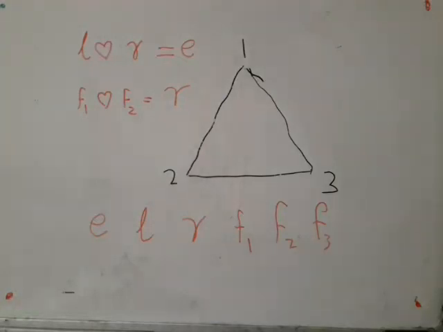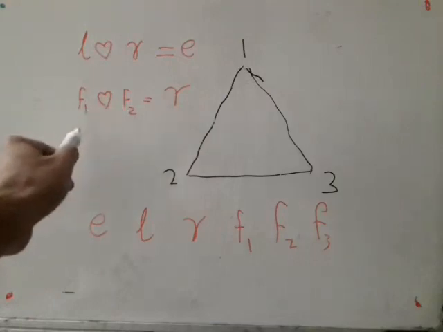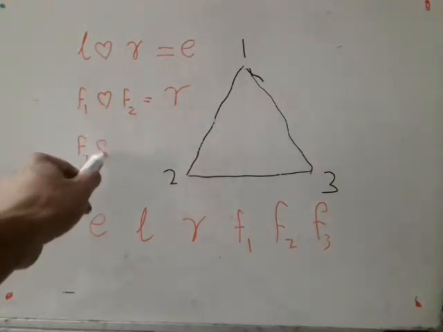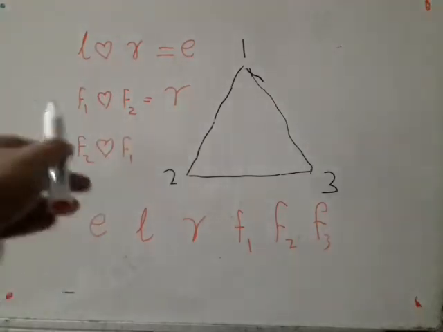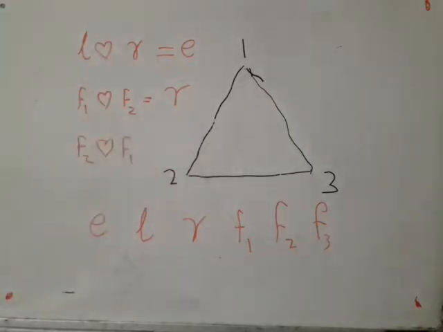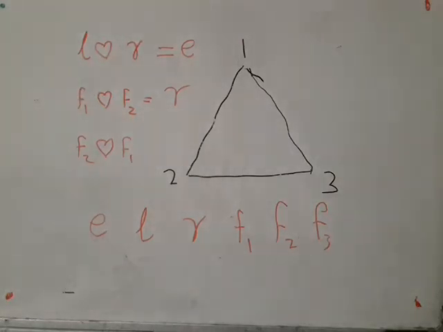And it will be interesting to see if F1 heart F2 is the same as F2 heart F1. So you can try to see whether this is also the same as R or not, and let me know your answer in the comment box. And in the next video, we shall continue to explore properties of such binary operations.